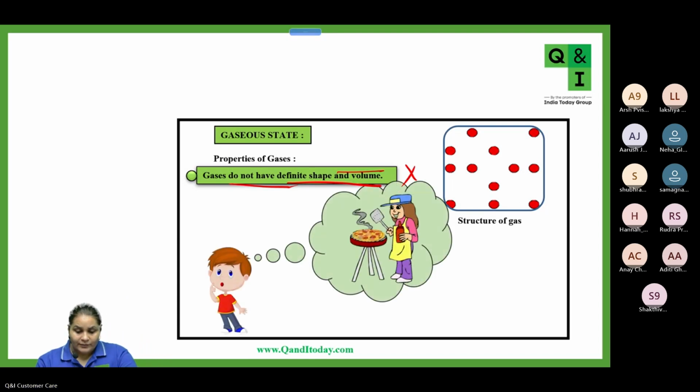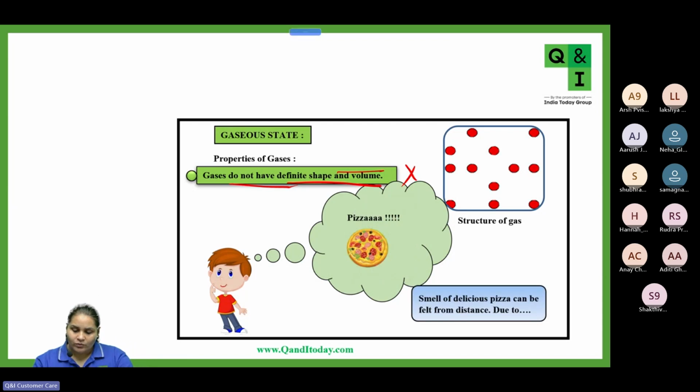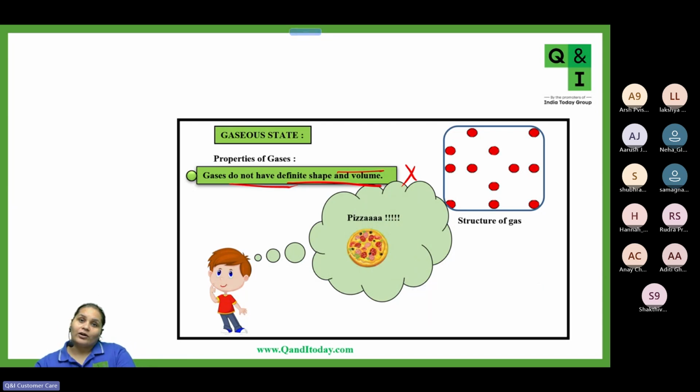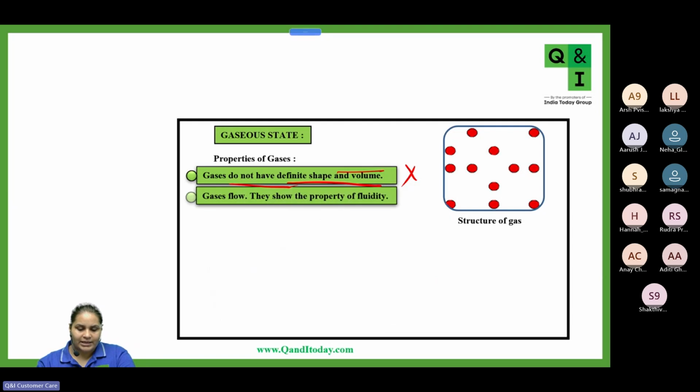This is something that we discussed before also, like when food is being cooked in your kitchen, how do you get the smell in your room? Why? Because of the diffusion of particles. The particles of the gases flow, they move. So basically, gases show the property of fluidity.